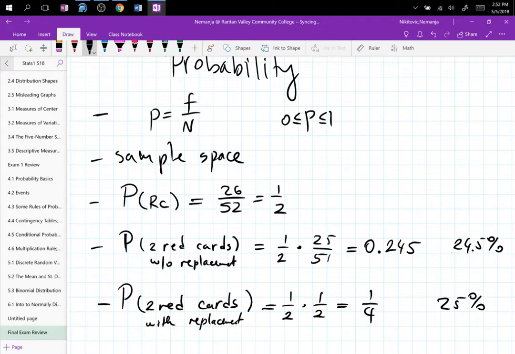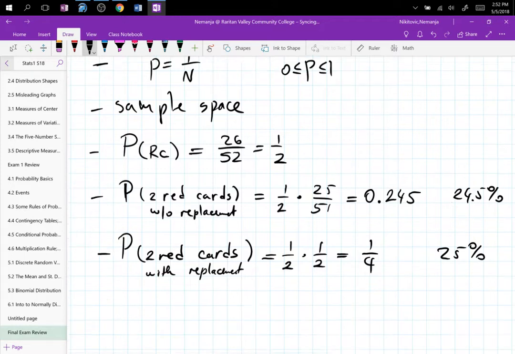There is an event that the card is a face card, and an event that the card is, let's say, a red card. So we have to worry about that as well, because we don't want to double up on some of the numbers that happen there.